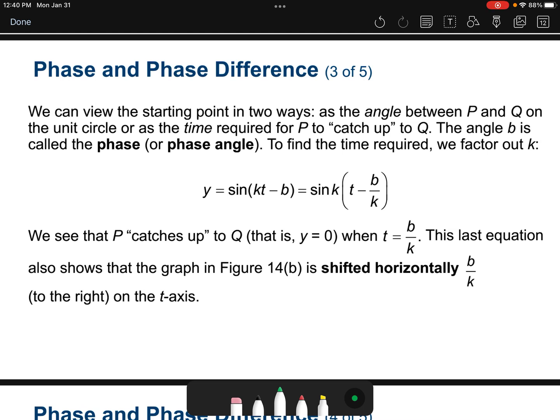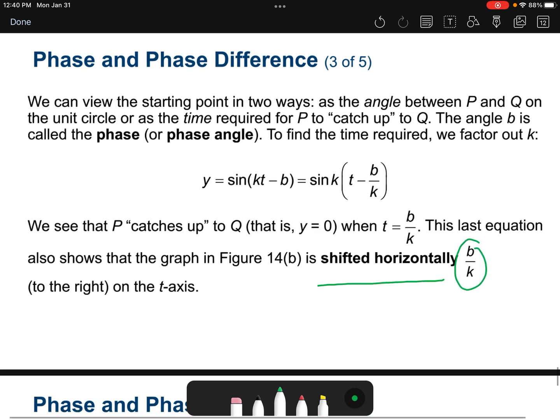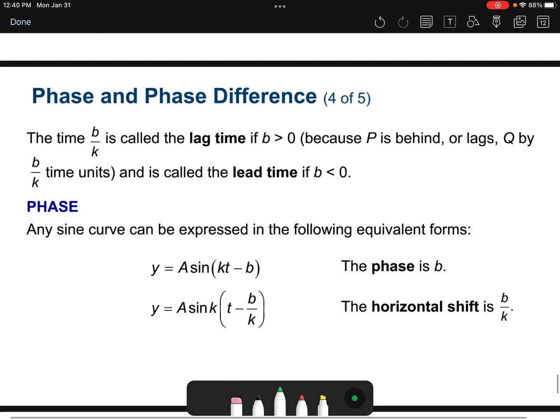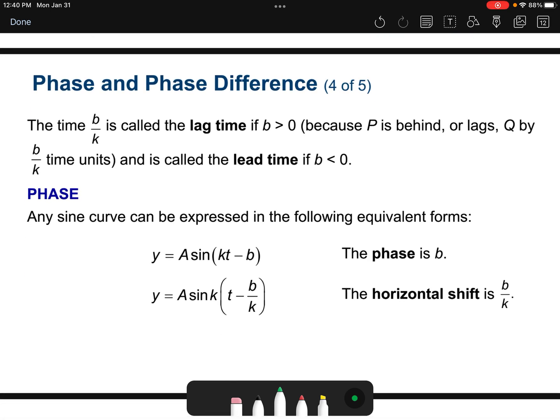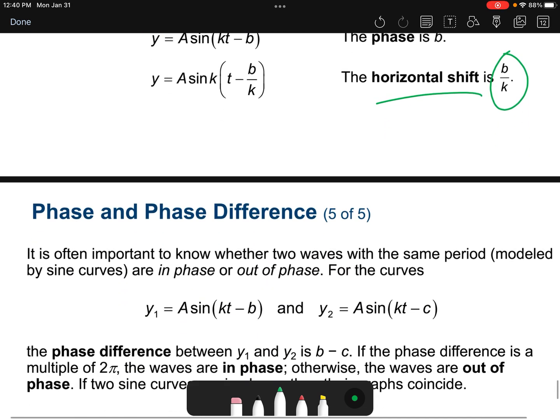So P catches up to Q when t is b over k. So this is our horizontal shift on the t axis. Now this is what we've been calling phase shifts this whole time. So that horizontal shift and phase shift is basically the b over k.